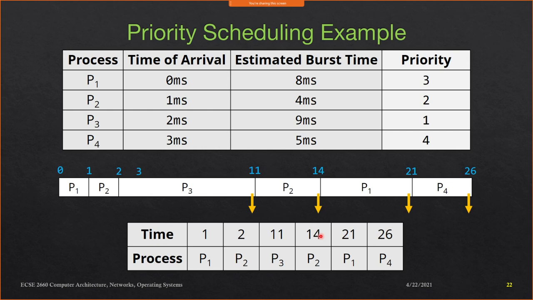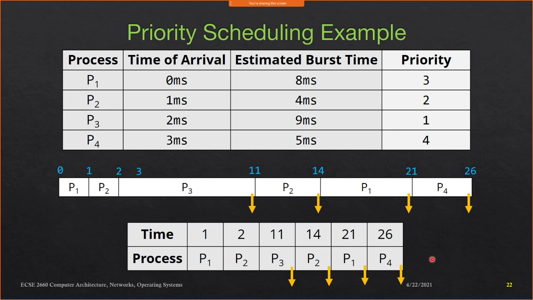P3 finished first, P2 finished next, P1 finished next, P4 finished last. It so happens that the order in which our processes have completed is the exact order of their priorities. P3 finished first, and it is the highest priority process. So processes finished in order of priority.